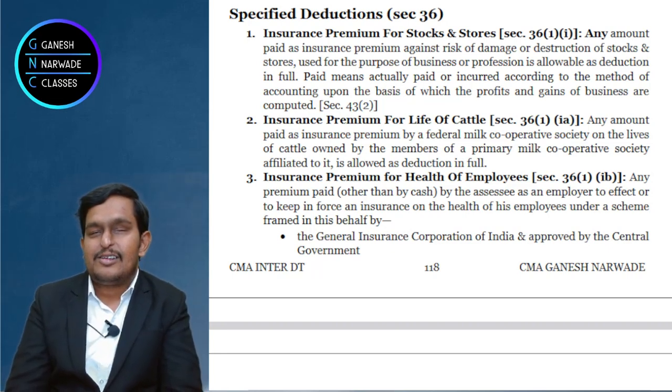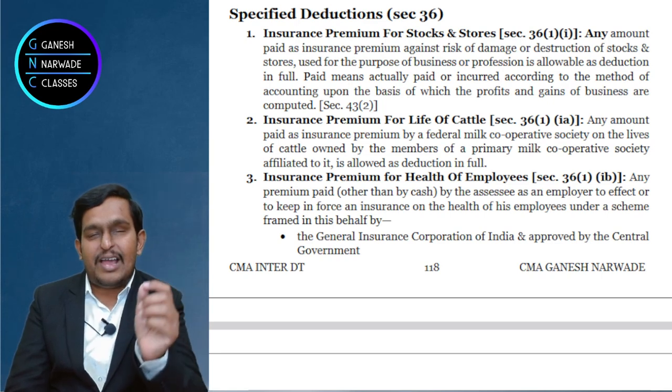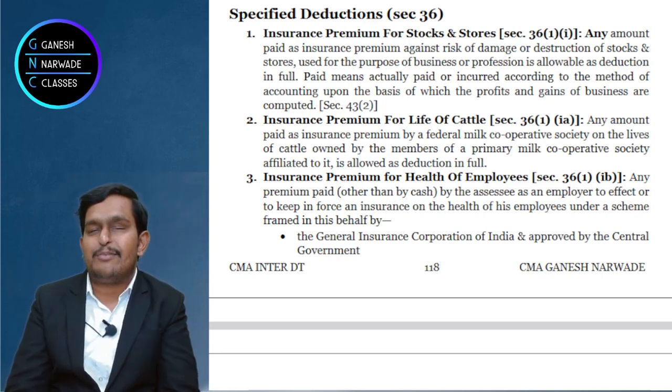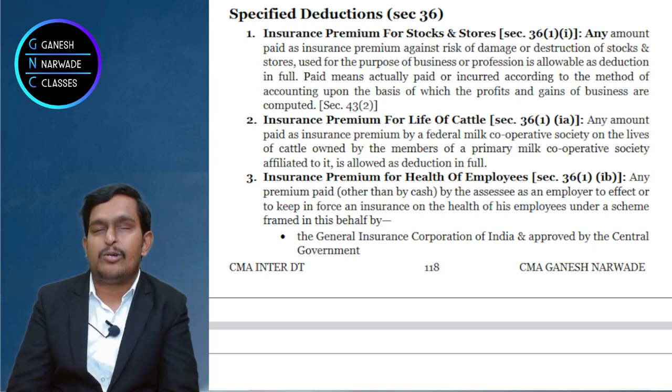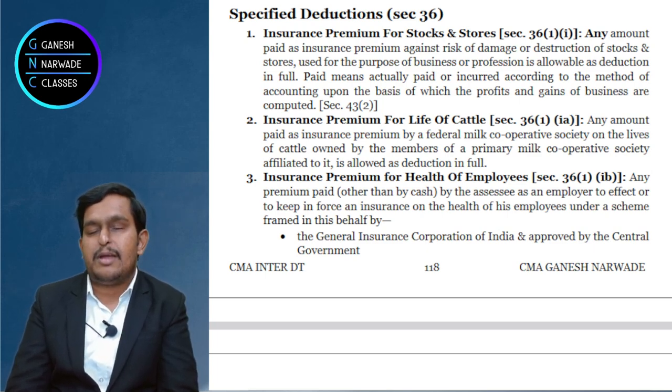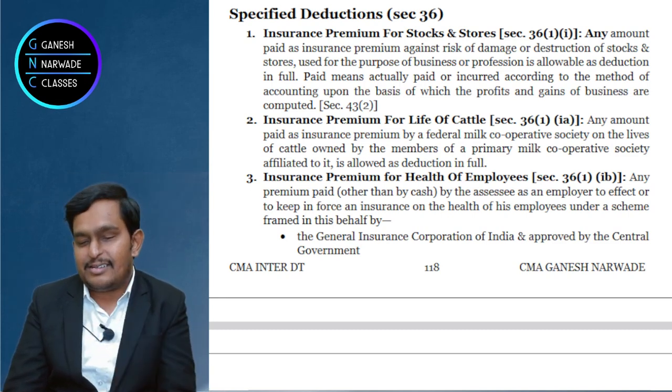So if the employer has taken health insurance policies and is paying premium, that will be allowed as deduction. But the payment should be otherwise than in cash.